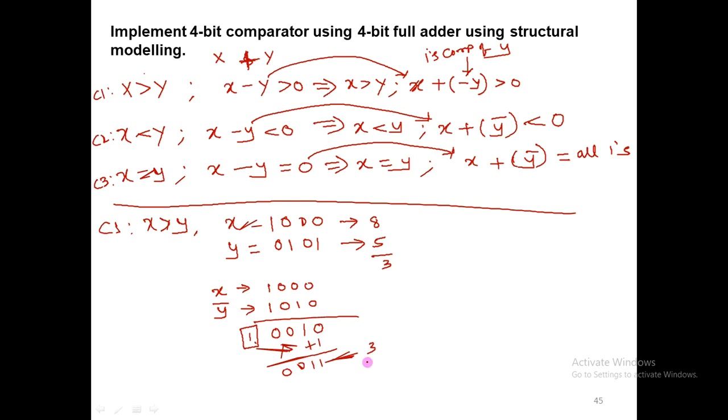But for my analysis, if I get this carry, it is very important for me. So by this analysis, what I'm saying is if carry generates, then x is greater than y.